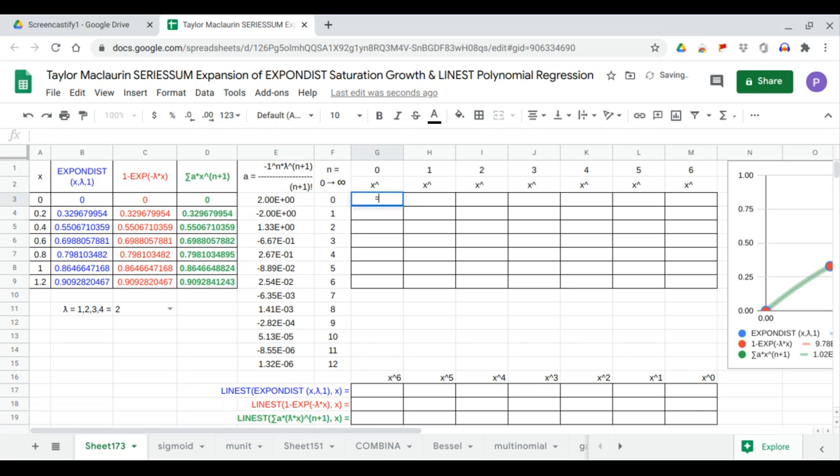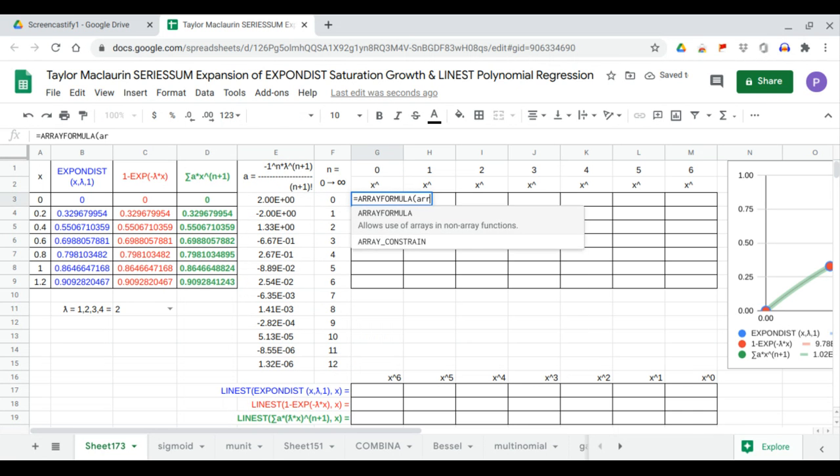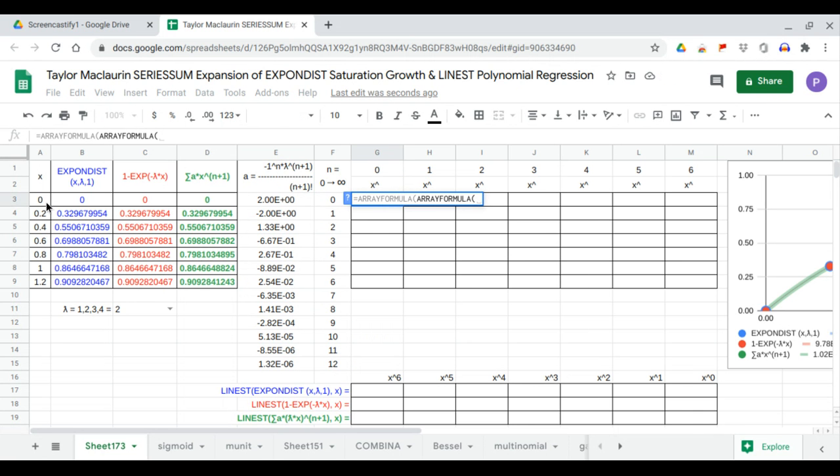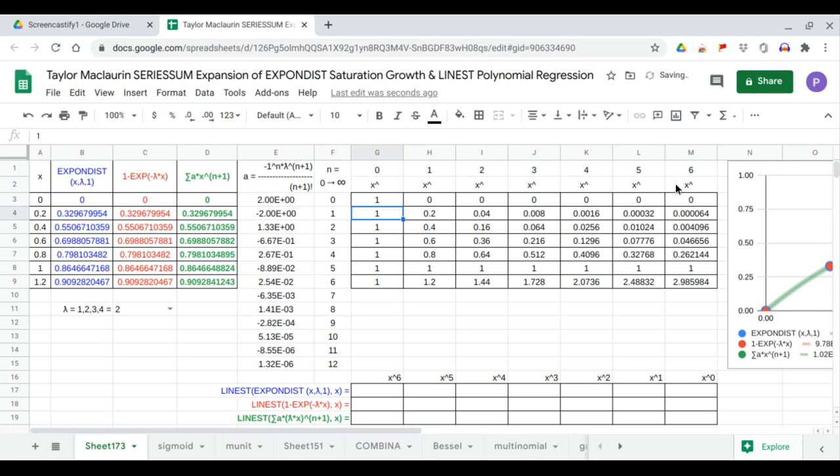So this will be array formula of the x values raised to the power 0 to 6. I'm sorry, 0 to 6. Now we can calculate LINEST. So begin with the EXPONDIST. So LINEST data y and data x.